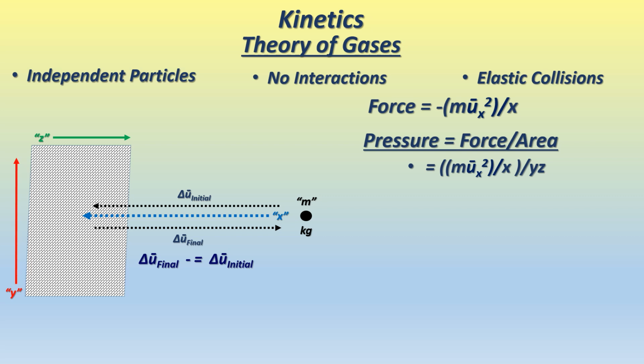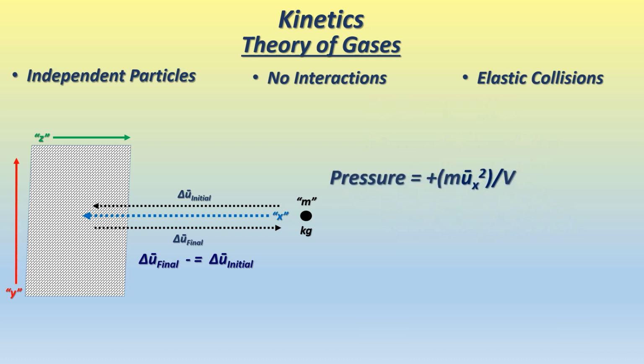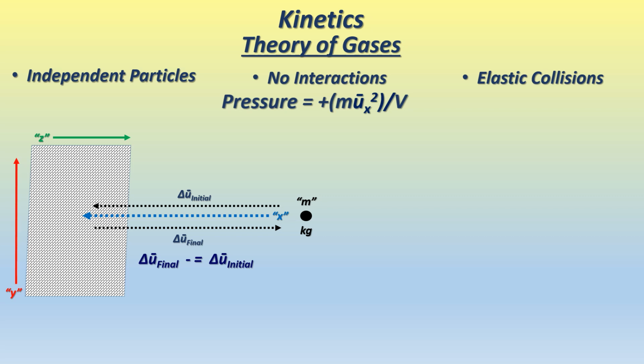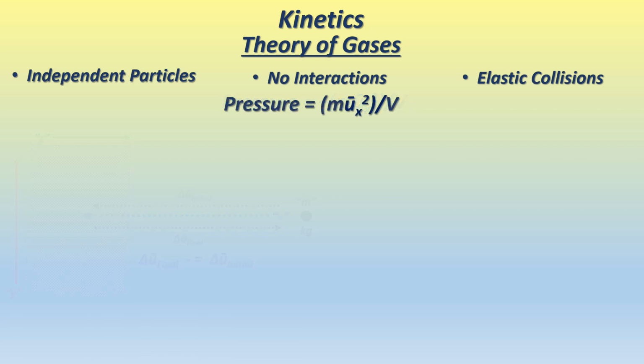So the force felt by the wall would be positive mass times velocity squared divided by x, divided by y, divided by z, or, in other words, the mass of the particle times velocity squared divided by the volume. That's for one particle moving in one direction.